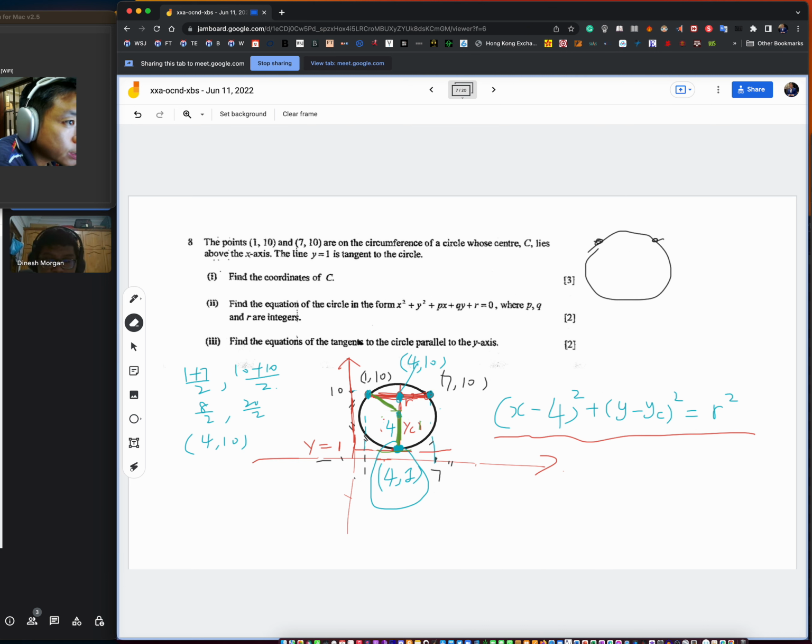So how do you get this radius? Your x here is 4, and then you take 1 minus yc, or you can take yc minus 1.